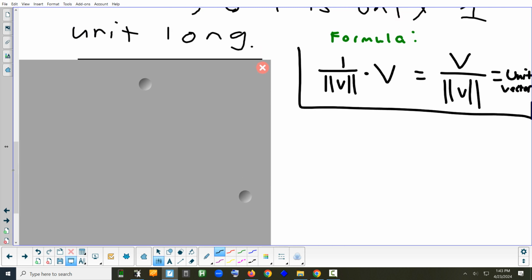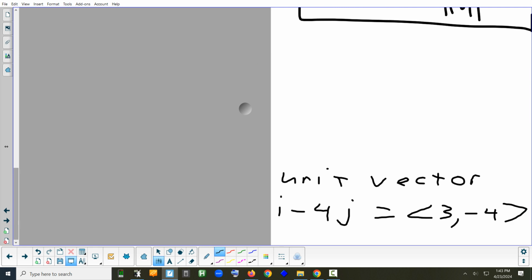All right, any question on the formula? Okay, so step 1, you have to find the magnitude of the vector you're working with. Step 2, scale it by the reciprocal. All right, let's try an example.